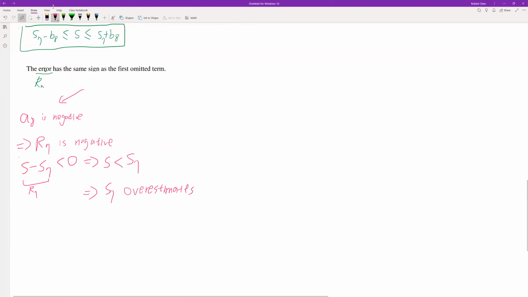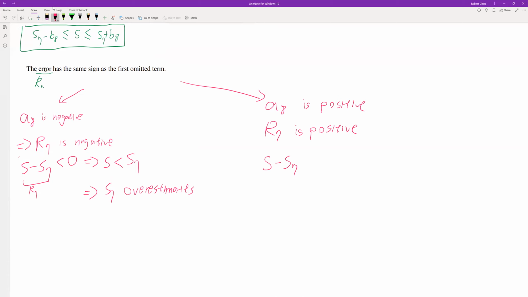Now, on the other hand, if A8 is positive, that means the remainder is going to be positive. So the total sum minus the partial sum is going to be positive, because the remaining series is positive. That means S is greater than S7. The total sum is greater than the partial sum. That means, in this case, the partial sum S7 underestimates.